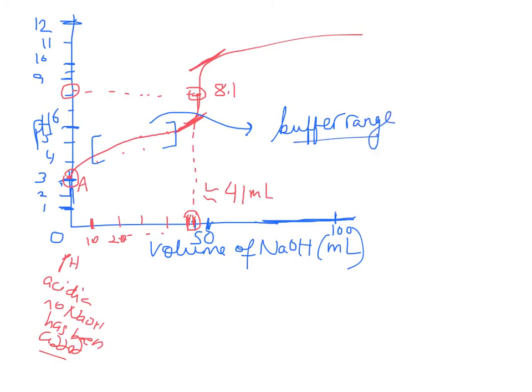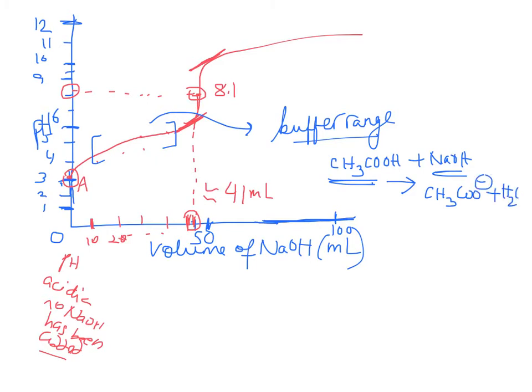Realize what's going on. You have acetic acid in your solution. You're adding sodium hydroxide. That means, in part, some of the acetic acid is reacting with sodium hydroxide and generating acetate. But where is that acetate going? Well, that acetate is just staying in that solution.